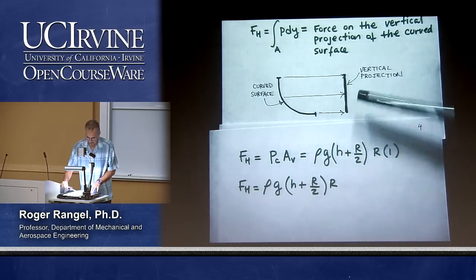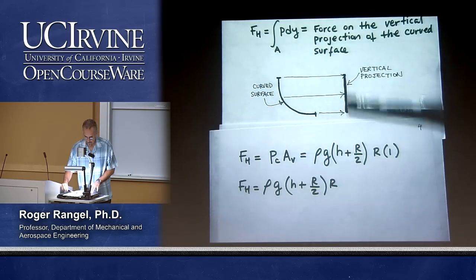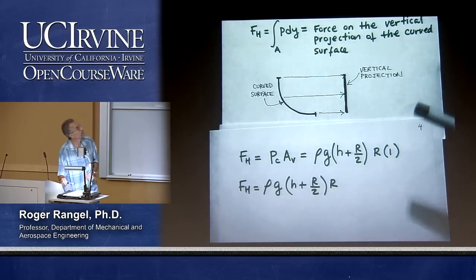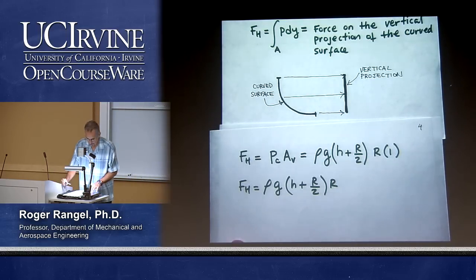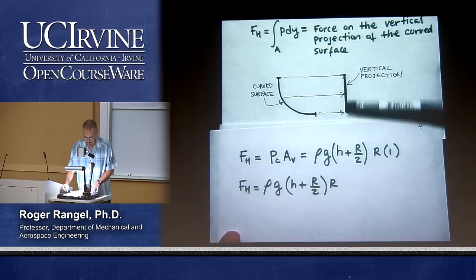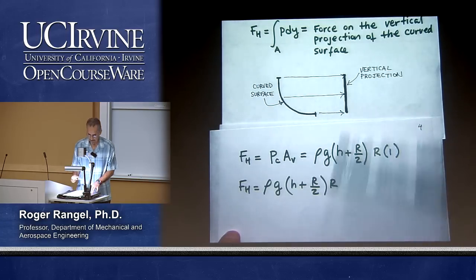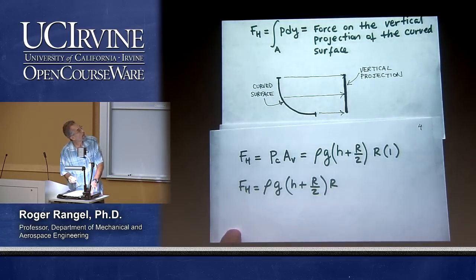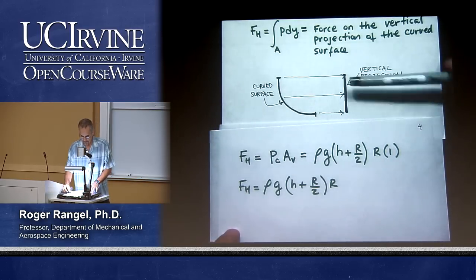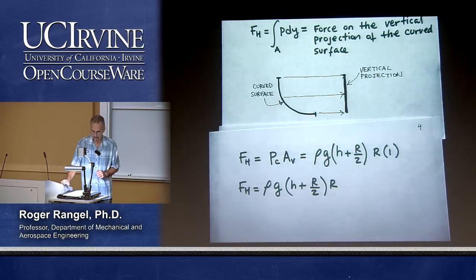So the centroid of this area, this projected area is a rectangle again, and it's a rectangle that measures r in the vertical direction and measures 1 in width into the paper. So this is the right-hand side here. R times 1 is the area of this rectangle.